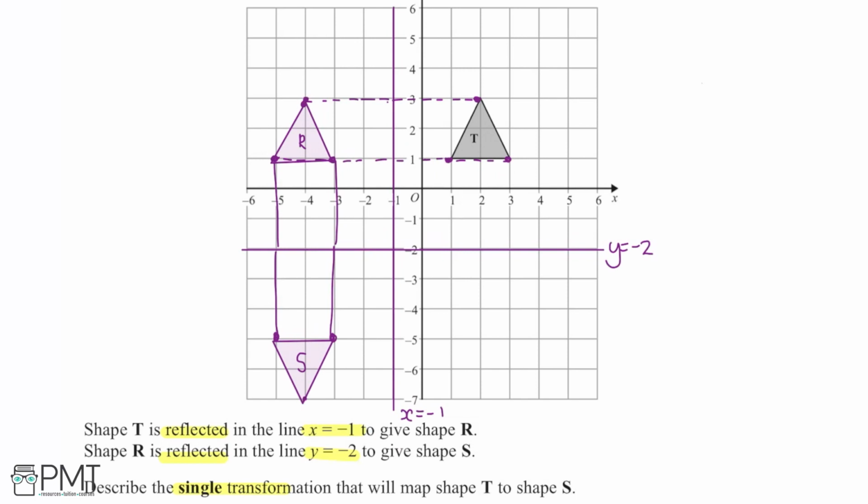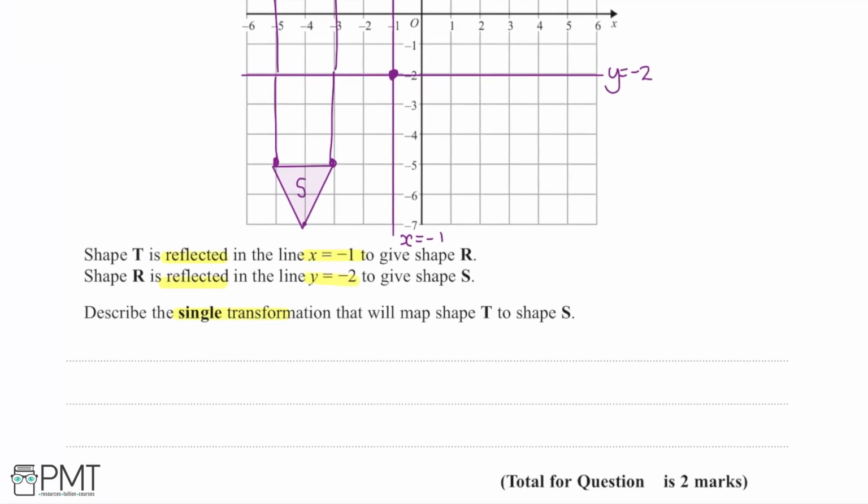And if I look at this point here, where these two lines intersect, we're going to see that if we were to rotate T, so this triangle, 180 degrees clockwise or anti-clockwise, it doesn't matter, either way, about this point here, so this centre, then it is going to be mapped to shape S. So rotating T 180 degrees about the point -1, -2 is going to map it to S. And that's the single transformation that we've been asked to find here.